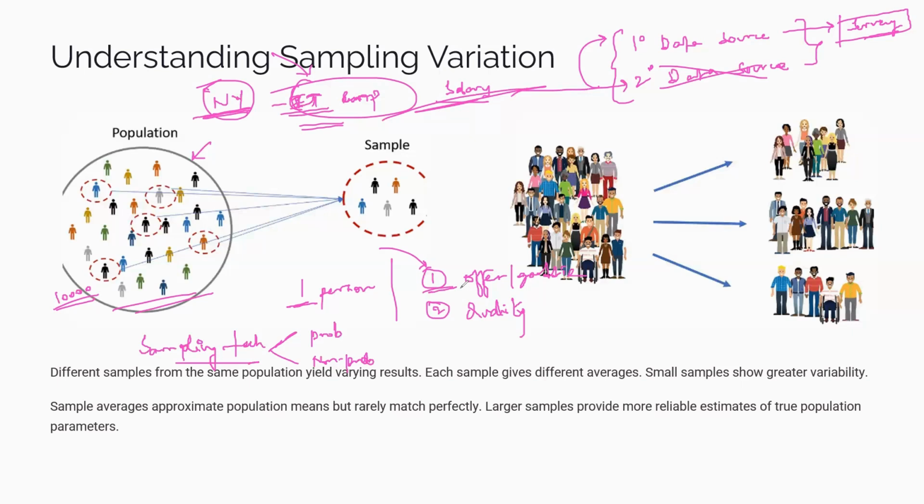I'm talking only about getting the data. We can collect the data from known people. Exactly. This is called convenience sampling, which falls under non-probability, biased sampling.